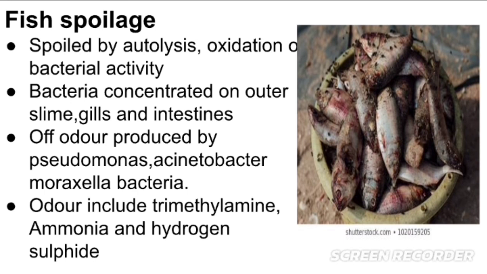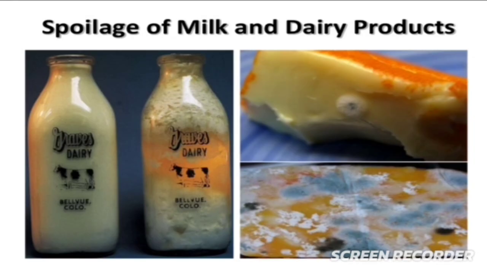When these bacteria react with oxygen, they produce off odors like ammonia, hydrogen sulfide and trimethylamine, and you get to know that the fish has been spoiled. It is usually produced by Pseudomonas, Acinetobacter and Moraxella bacteria.